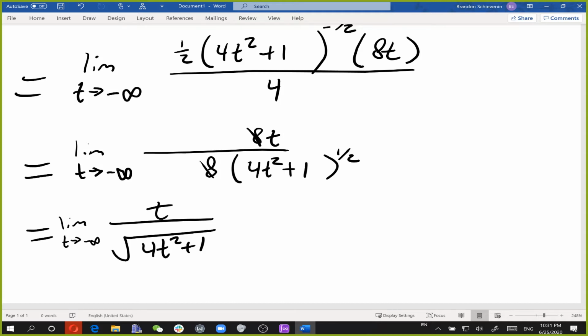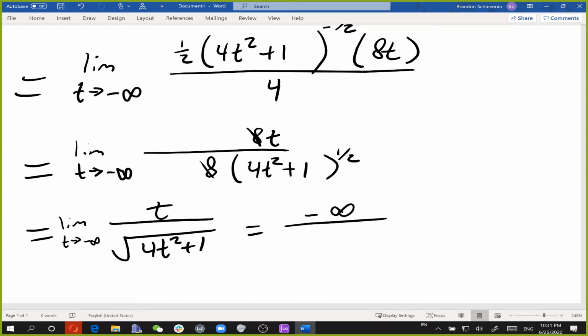Okay, the problem here is, even though we've reduced this with L'Hospital's rule, right now if I plug in negative infinity, I've still got my rules for solving limits at infinity that are going to come into play, so I don't think this has made it any easier. If I plug in negative infinity right now, I'll have negative infinity on top.